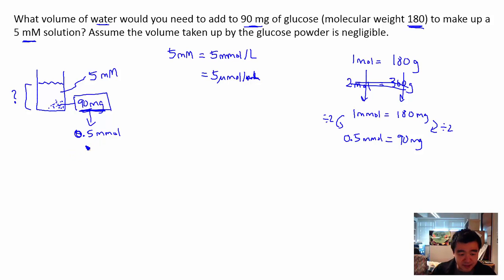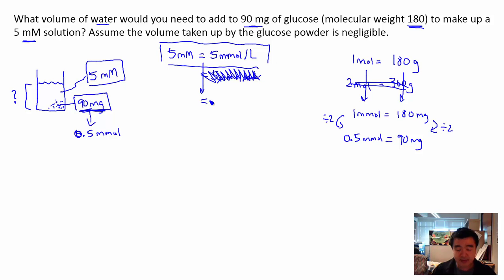Okay, now 0.5 millimoles, and I know I need to get to a final concentration of 5 millimolar, which is why we come back here to this. We've actually gone a step too far over here, we don't actually need that. So this is saying that if I want my final concentration to be 5 millimolar, in 1 liter there needs to be 5 millimoles of the glucose.